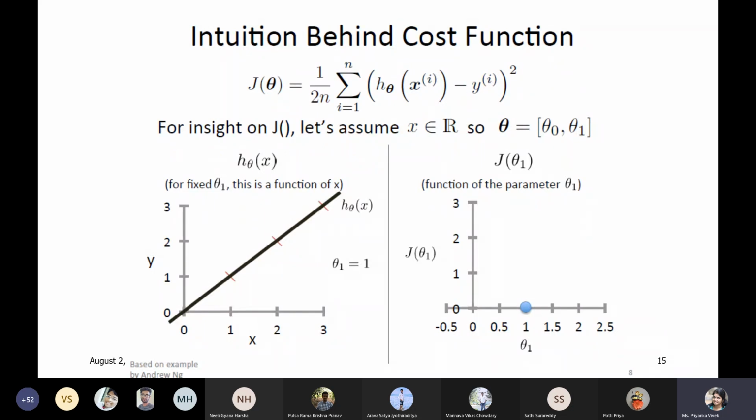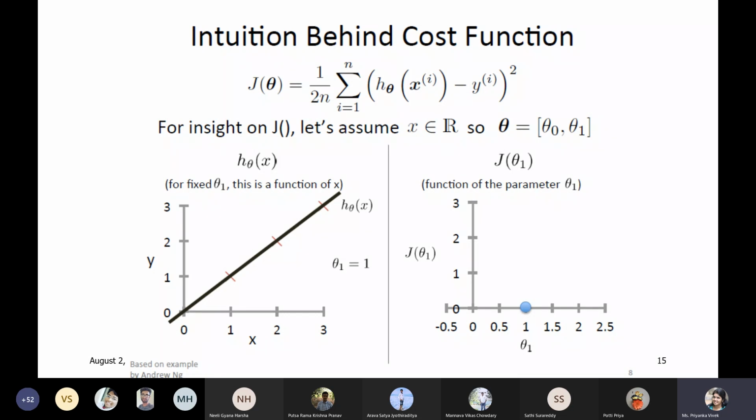Is that fine? Any confusion in that? H theta of x means the model, that is your predicted y. Usually it is theta naught plus theta 1 x1 plus theta 2 x2 and so on.